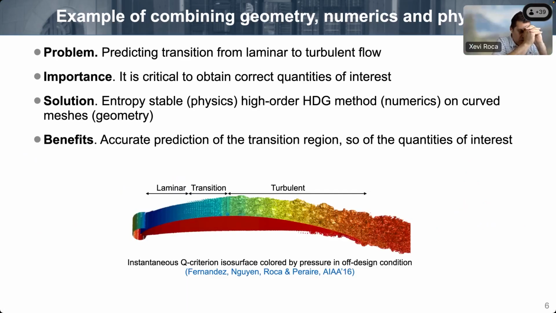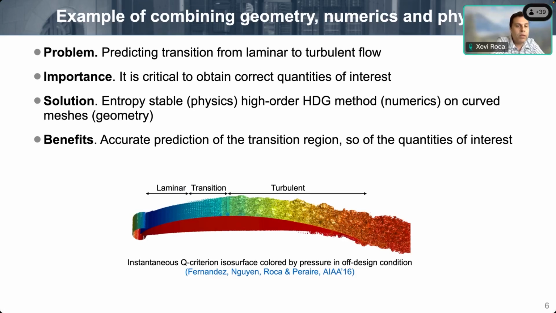Okay, so you can see that I'm talking a lot about geometrical aspects, numerical aspects, physical aspects, and this is something that we did a long time ago. This is something that Jaime Peraire was pushing, and we were really interested in the accurate prediction of the transition from laminar to turbulent flow. Here you have in the bottom part an airfoil with a free stream coming from the left.